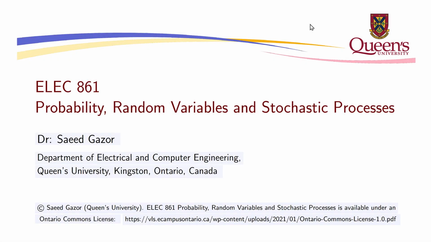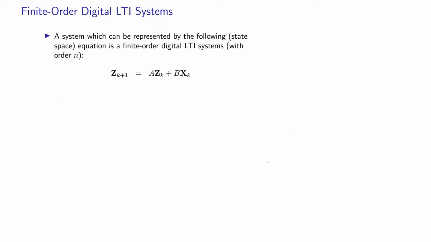I want to talk about finite order digital filters in terms of what we call state-based representation. Any finite order digital LTI filter, which could be used for power spectral representation, has a state space equation like that.